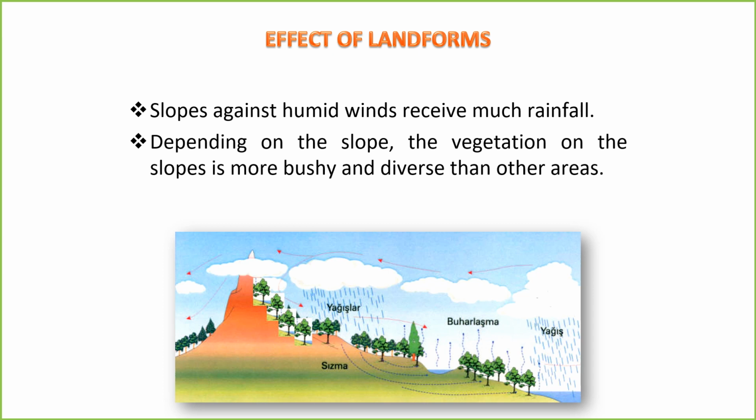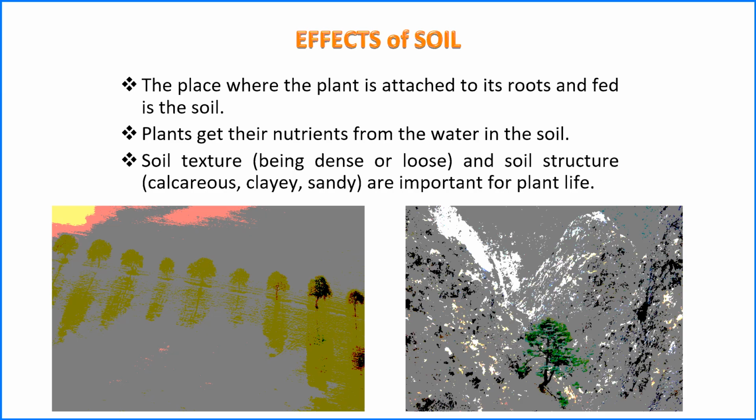Terracing, for example, is a technique used to optimize agricultural productivity on slopes by creating flat areas for cultivation. Understanding the interplay between slopes, wind patterns, and vegetation is crucial for ecological studies, land management, and predicting how climate changes might impact specific regions. It highlights the intricate ways in which topography and climate collaborate to shape ecosystems.